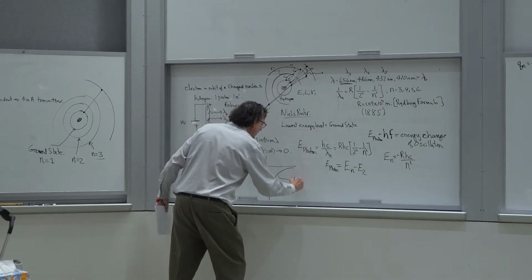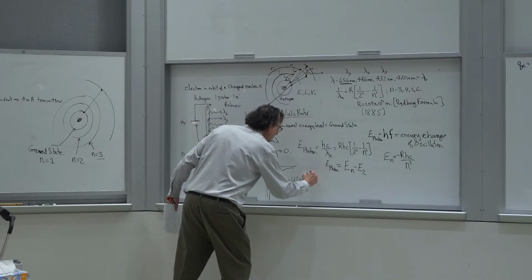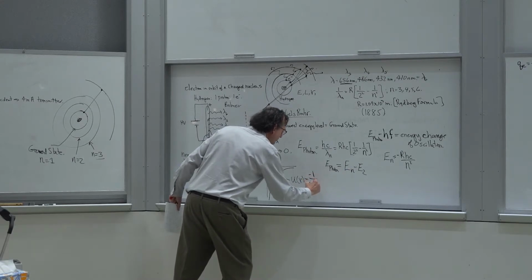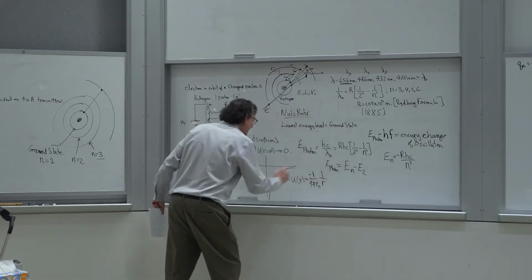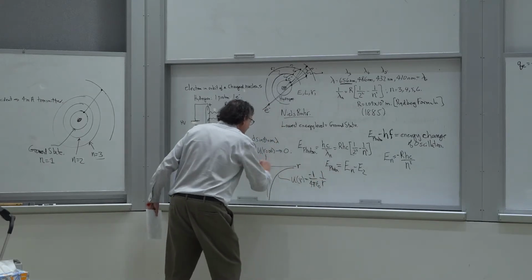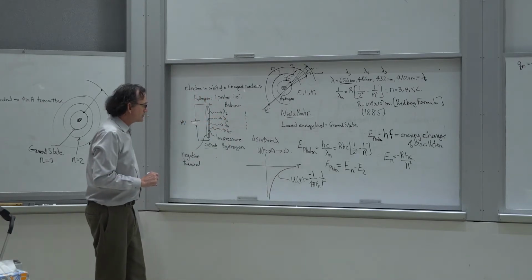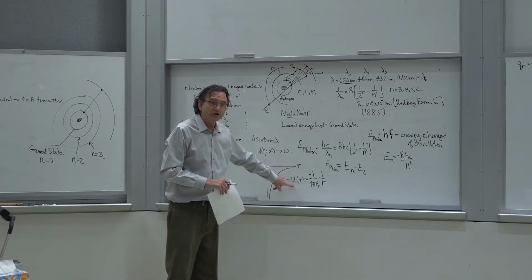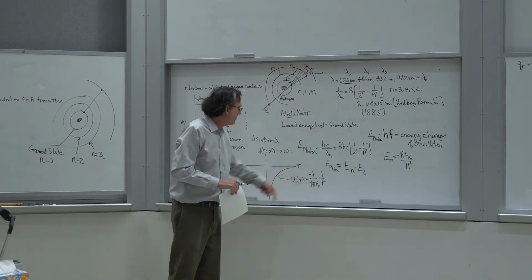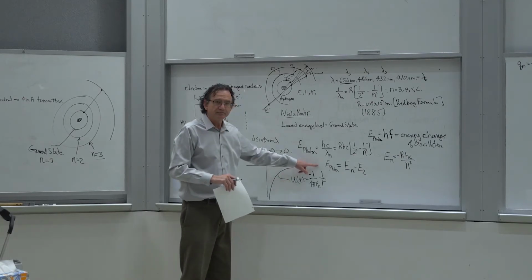This is U of r equals minus 1 over 4 pi epsilon naught times 1 over r. This is r, and this is U. The reason we do it this way, number one, is that by taking the negative derivative, I get Coulomb's law. So that checks out. The other thing is I want the potential to go to 0 at infinity.